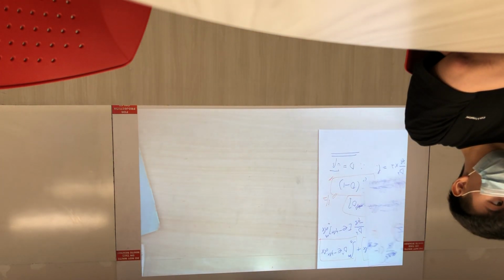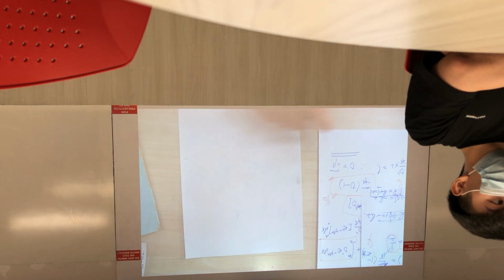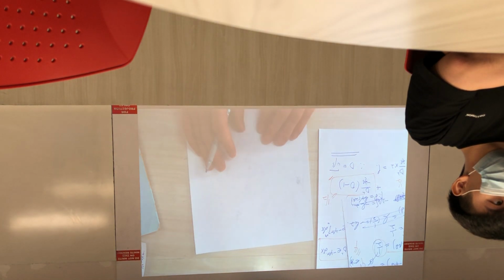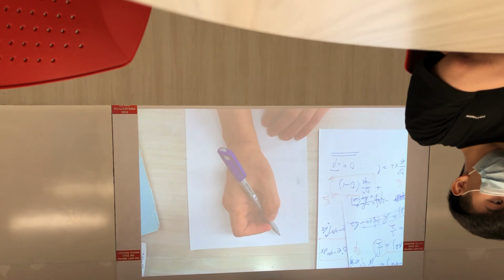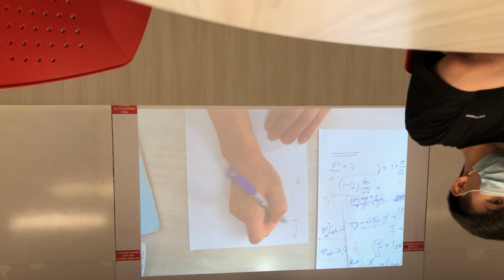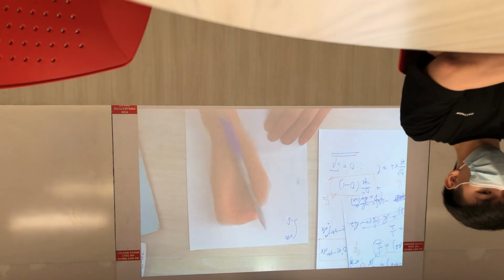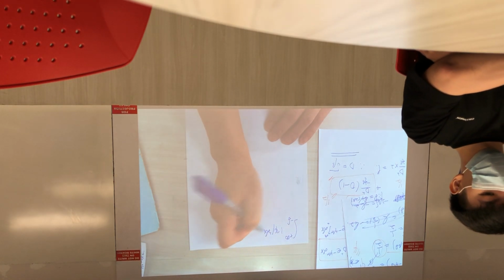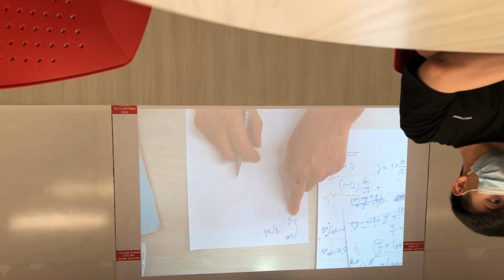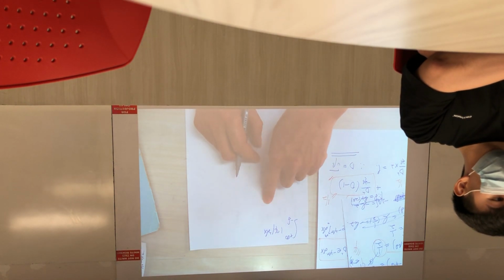Now, let's move on to the last question. So now we want to find this probability from minus delta to plus infinity. Okay. Alright. So again, we are going to split this into the negative region and the positive region.